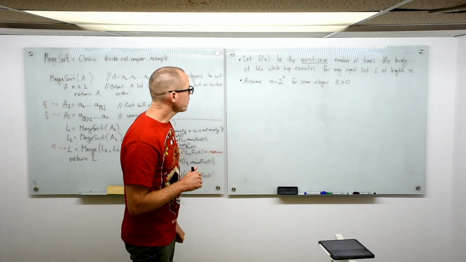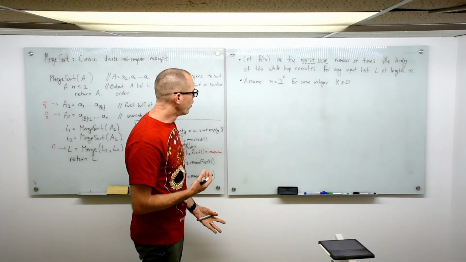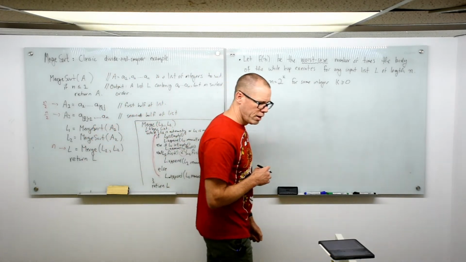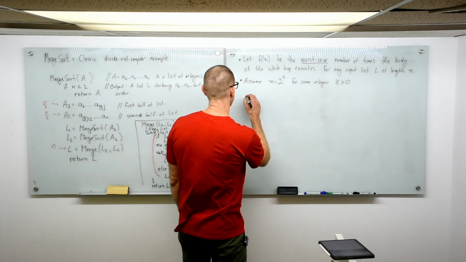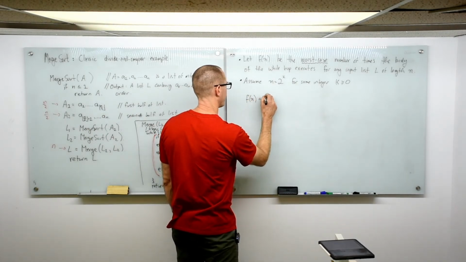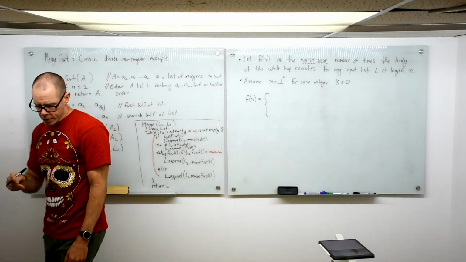So in that case, we know how to define everything now. Let's write a recurrence for f of n. It's a recursive function that we're studying.